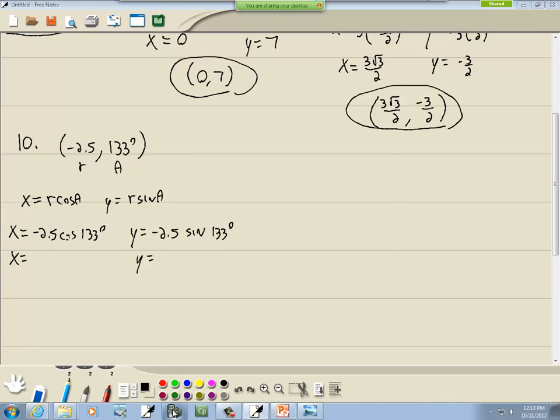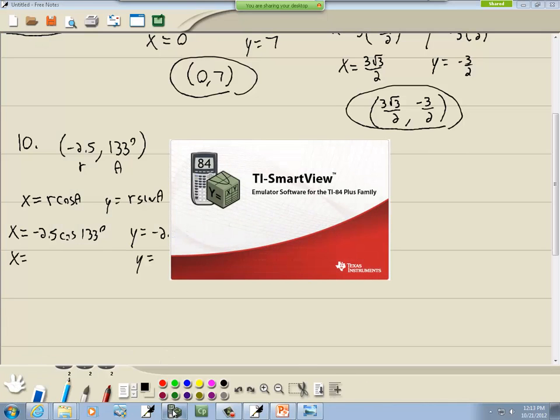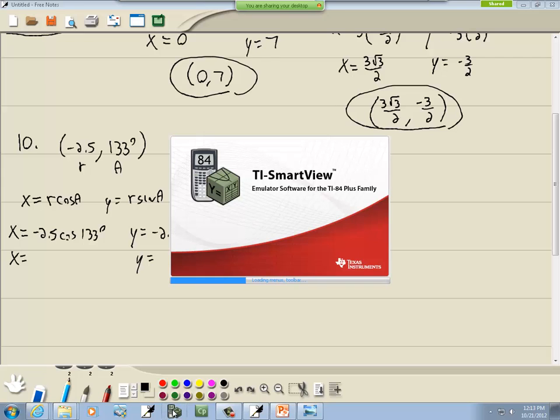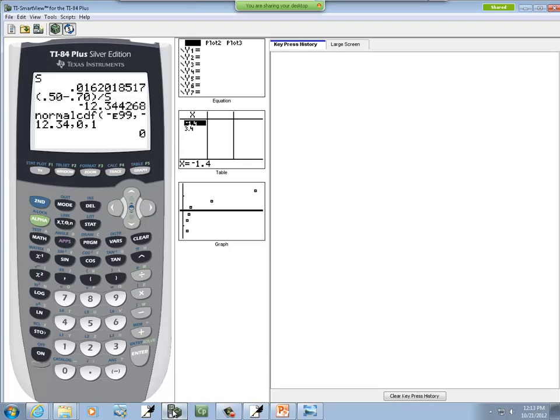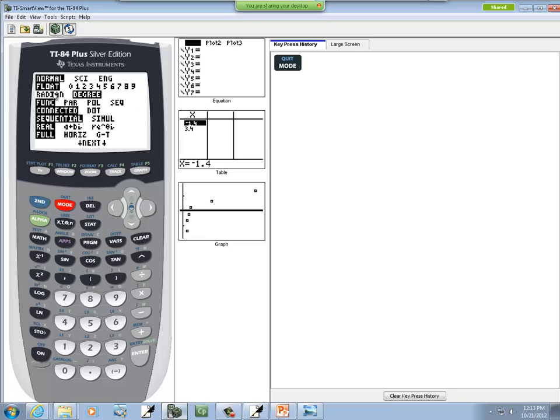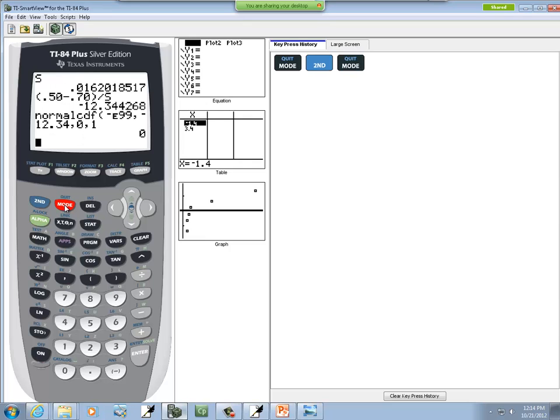And no calculator up and running. So let me bring it up and get a drink while I'm doing that. I want to make sure I'm in degrees, so I'll press mode. And I am in degrees. If you're not in degrees, down arrow to that line, right arrow, put your flashing cursor on degree and press enter to highlight it, and then do a second mode, exit out.